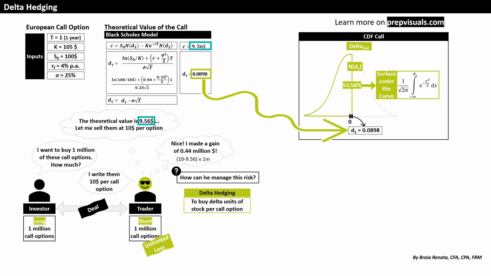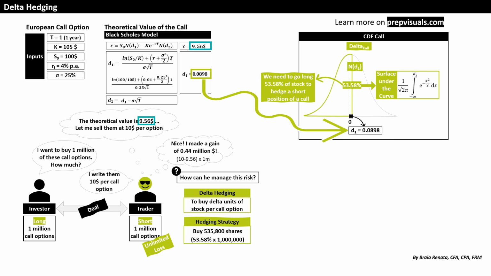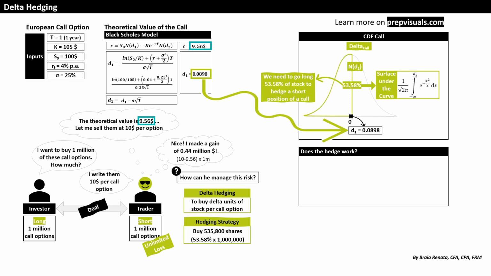And what this value means within this context is that we need to go long 53.58% of the stock in order to hedge a short call position. So basically, the hedging strategy the trader needs to take is to buy around 500,000 of the shares of the underlying. And now let's ask ourselves, does this hedge work?